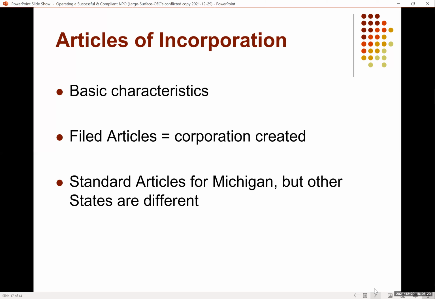In Michigan, I think it's only like $20, and it's pretty seamless. Some states want different information, but they're going to want to know how you're going to run. Are you going to be directorship or membership? Who's going to be the board people? And they'll just ask you for different information.